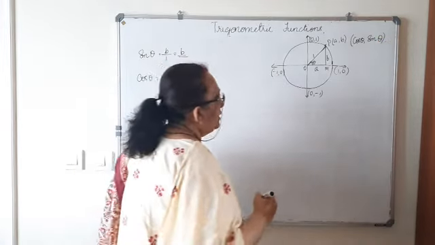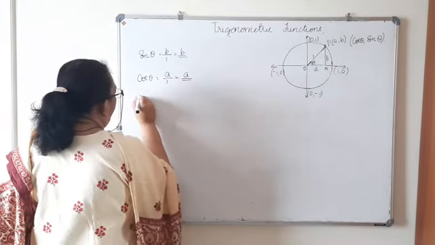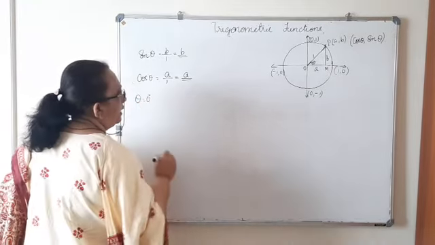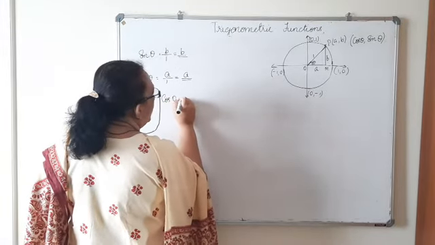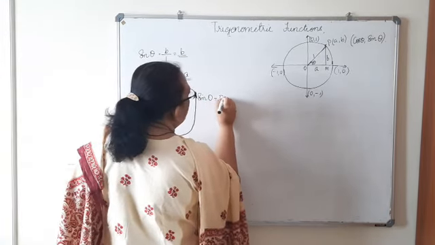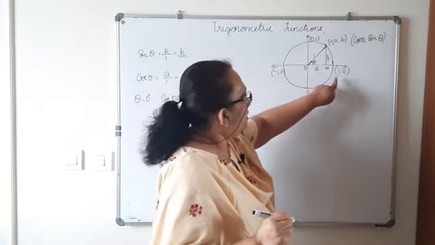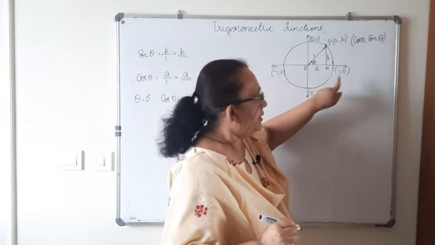So in this case, when theta is equal to 0 degrees, we can say cos 0 is equal to 1 and sin 0 is equal to 0, because x coordinate is cos theta, y coordinate is sin theta.